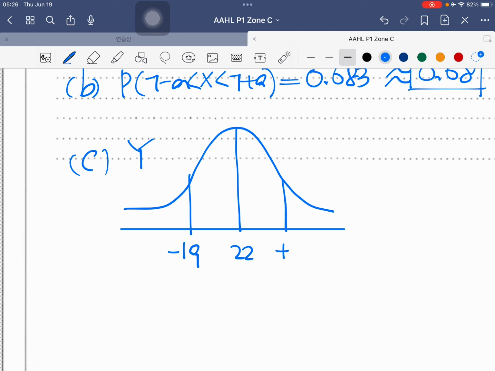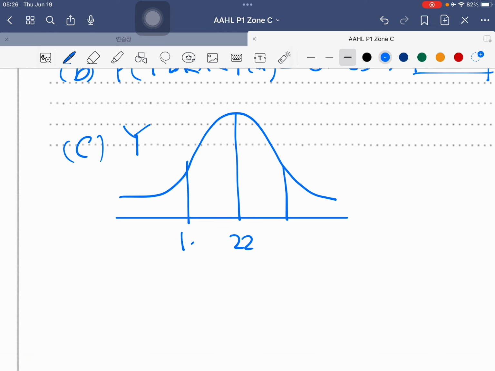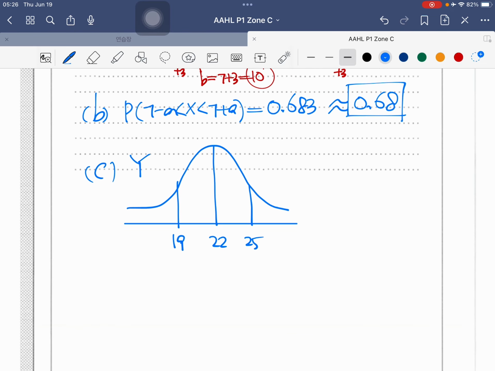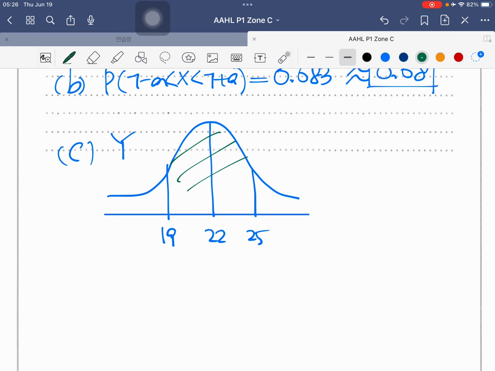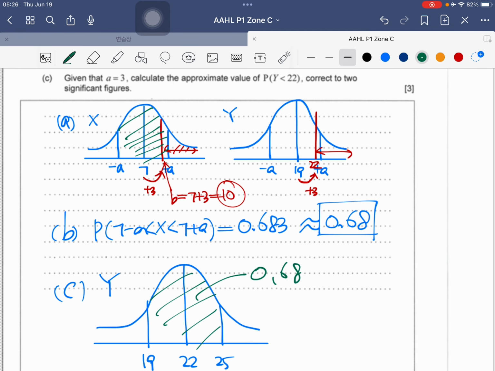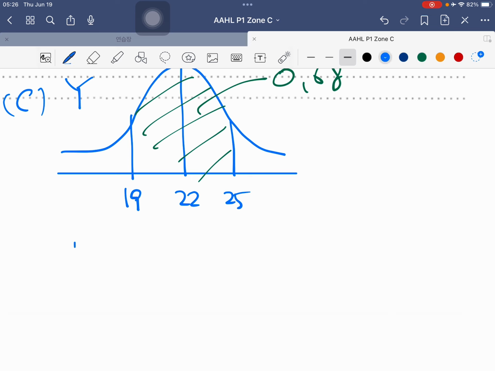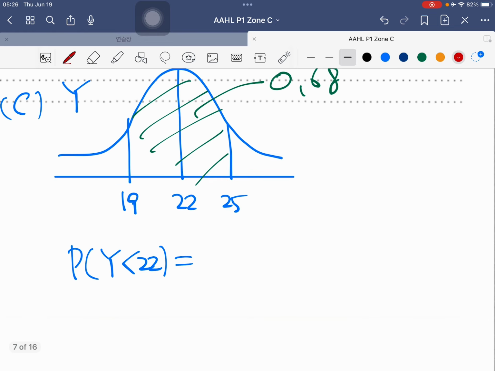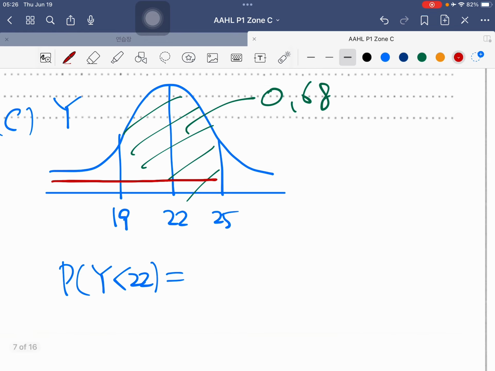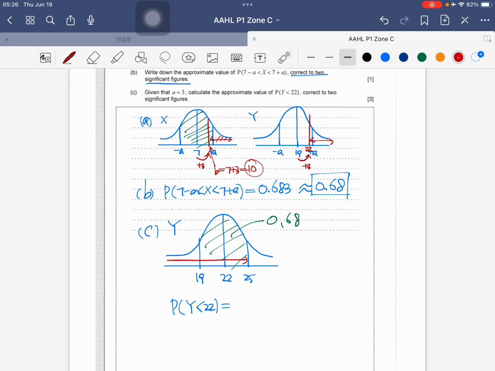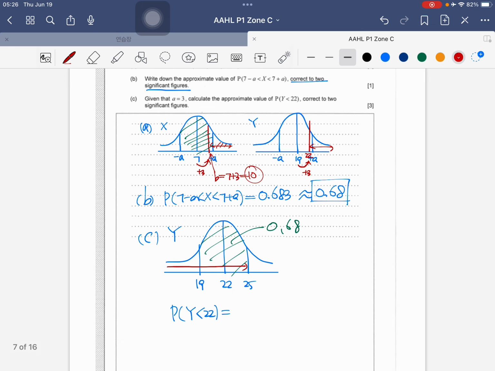So 22 minus 3 is 19 over here, plus 3 is 25 over here. We know that this portion is 0.68, and they want us to find the probability y is less than 22.